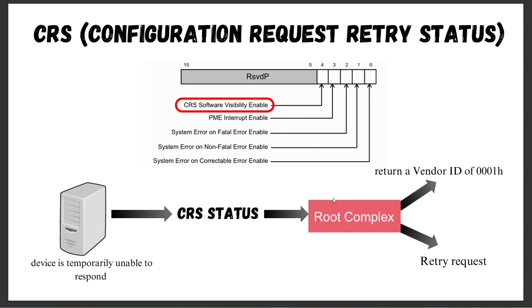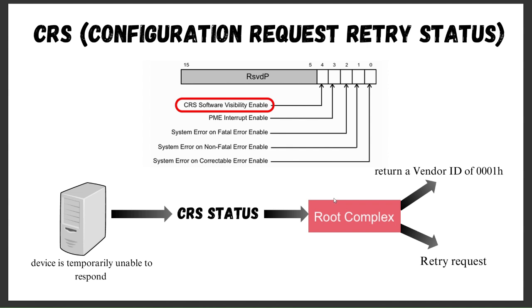If the data rate is 5 gigatransfers per second or less, the software must wait 100 ms before sending a configuration request. For higher speeds, for example Gen 3, the wait time extends beyond 100 ms due to the time required for link training and equalization.